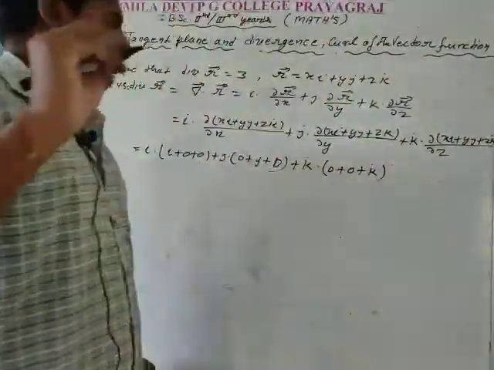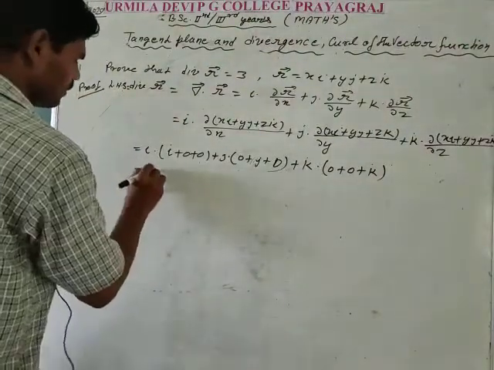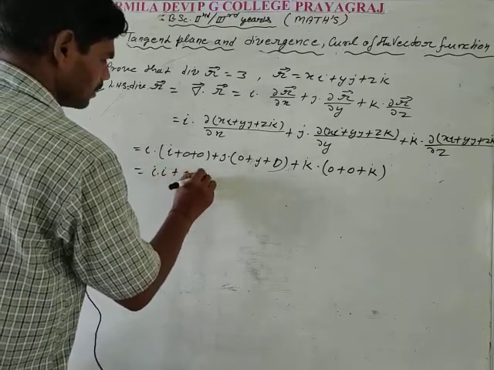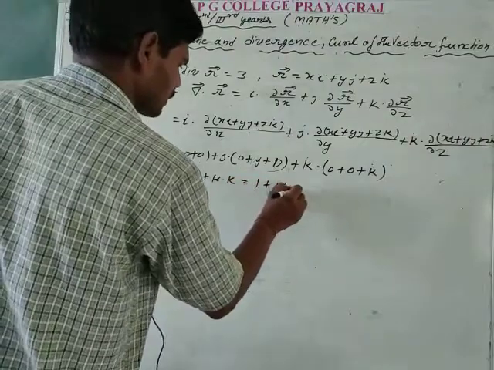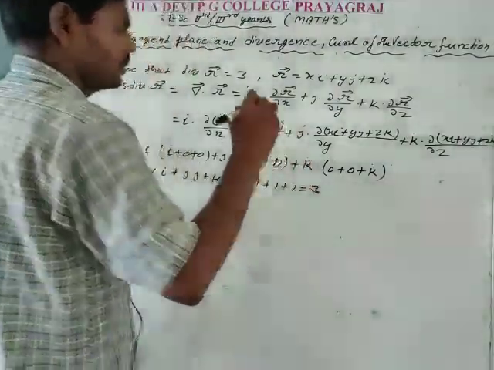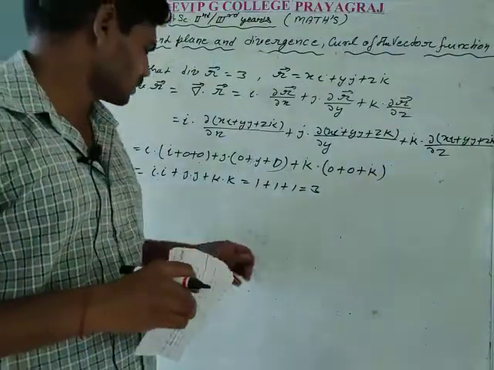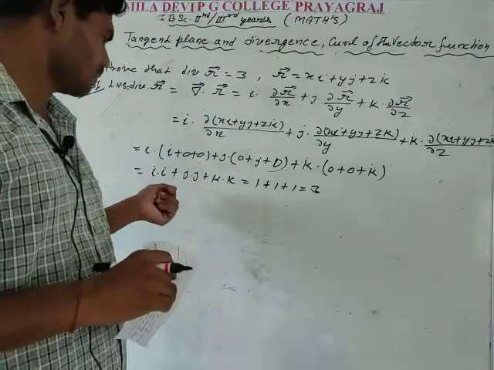Now taking the dot product and simplifying, it is equal to i dot i plus j dot j plus k dot k, which is 1 plus 1 plus 1, equal to 3, because in vector calculus the dot product of the same unit vectors is equal to 1.